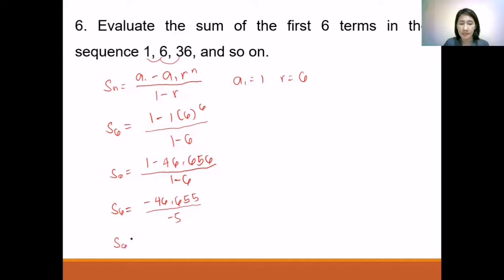So S sub 6 is equal to 46,655 divided by 5 is equal to 9,331. Okay. And this is the final answer for the sum of the first 6 terms of the given geometric sequence.